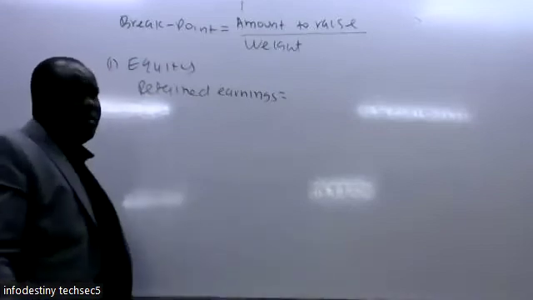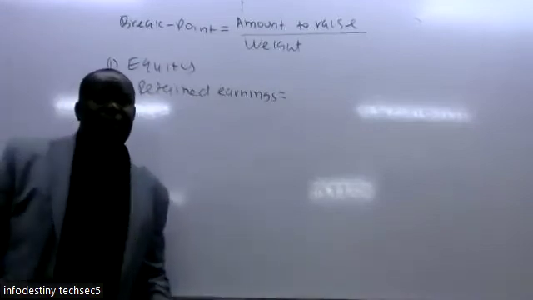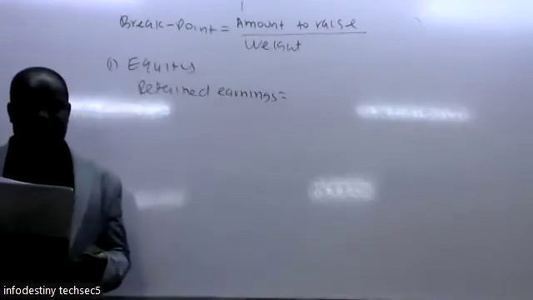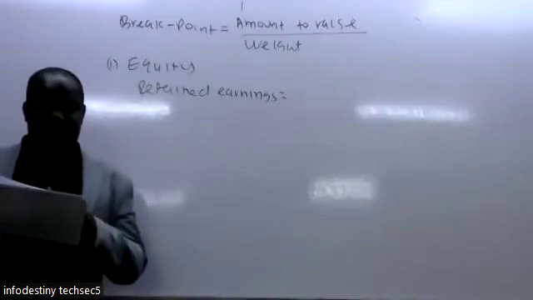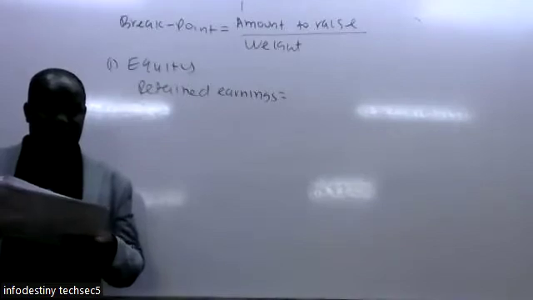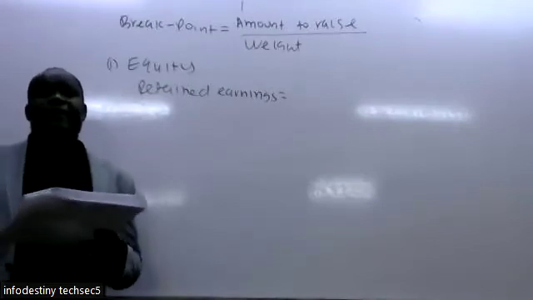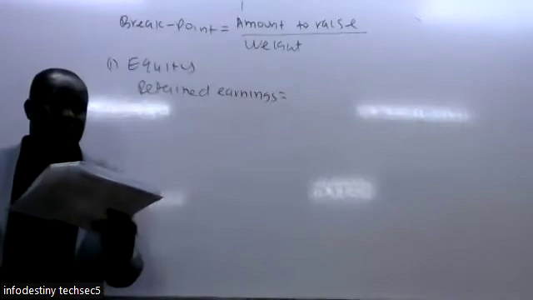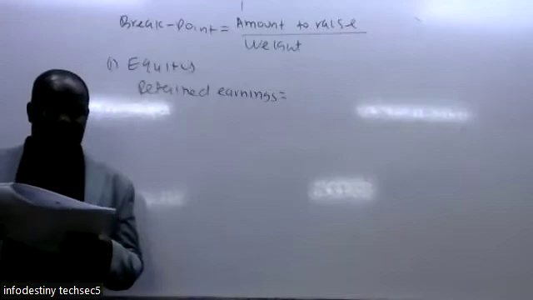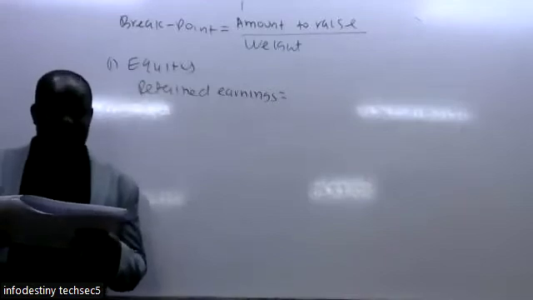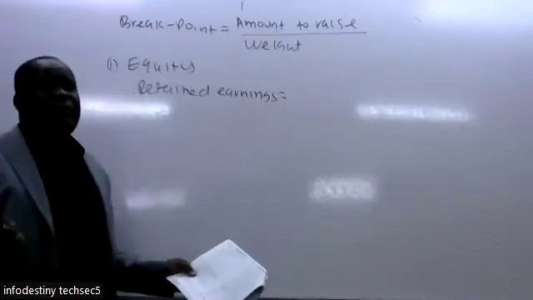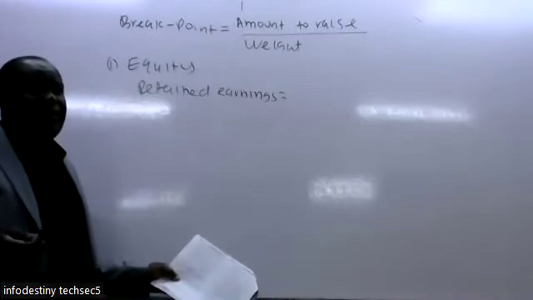To compute the amount for the retained earnings, they have said that the management of Kensel Limited forecasts that the after-tax earnings for the forthcoming year is 2.5 million. But the company has been paying 60% of its earnings as dividend, which means they have been retaining 40%. So we get 40% of 2.5 million to be our amount for the retained earnings.